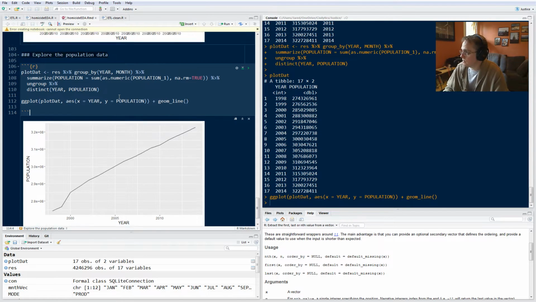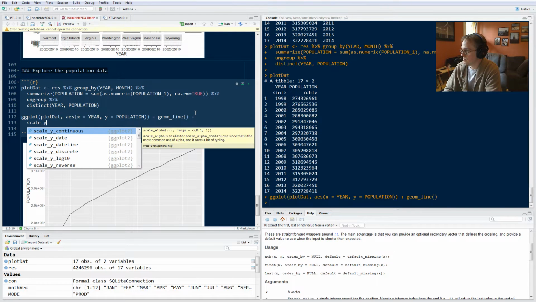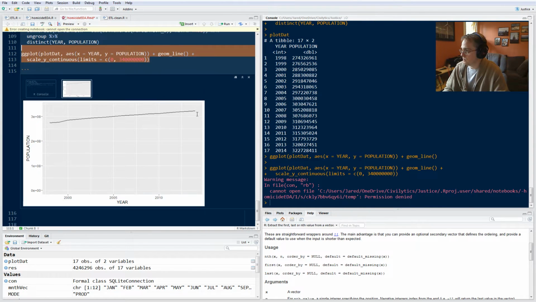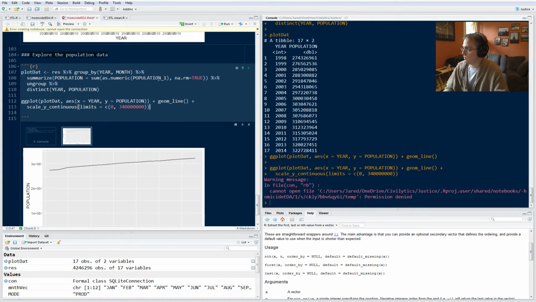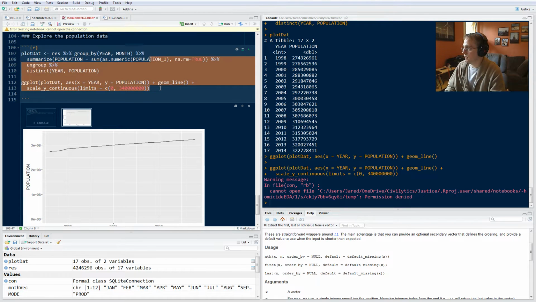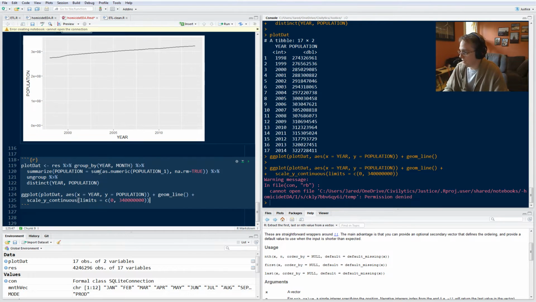Cool. The population variable actually looks like it's not too bad. We'll find out if it's bad right here, I think.